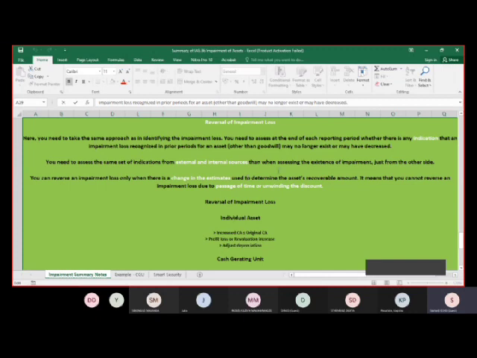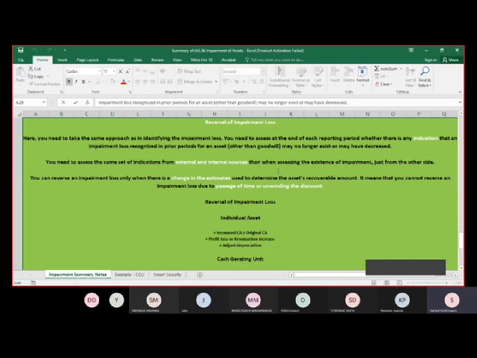I made an example earlier of a building that was damaged due to a riot, but not the whole building. Then we repair the building and bring it to its original condition. Then whatever we impaired in the previous year, we have to reverse, because now the building is in good condition.